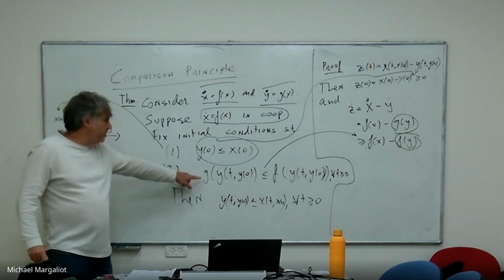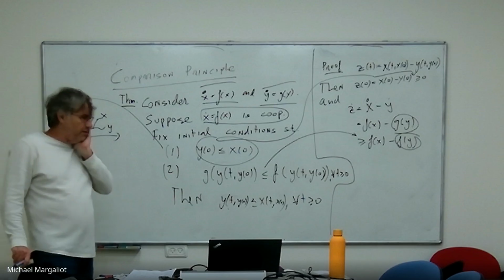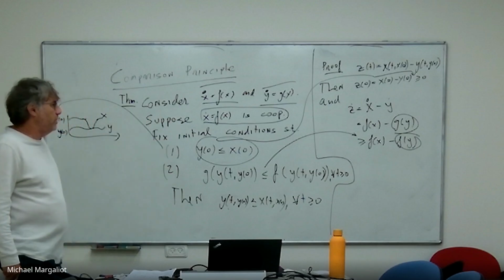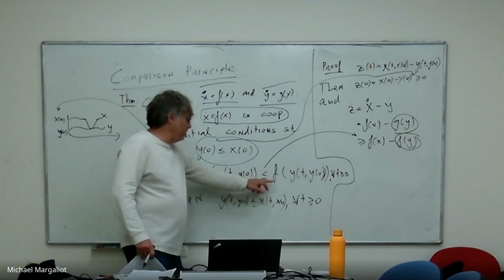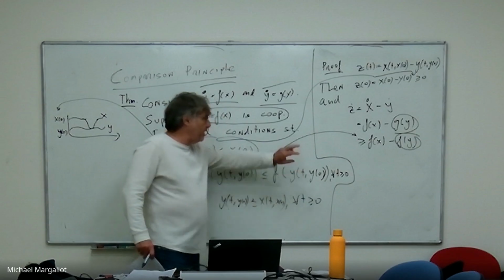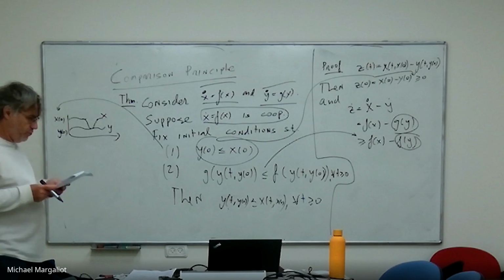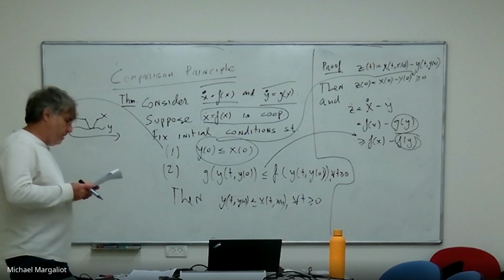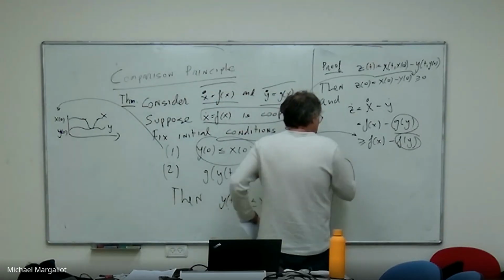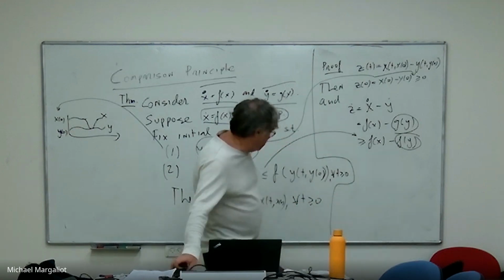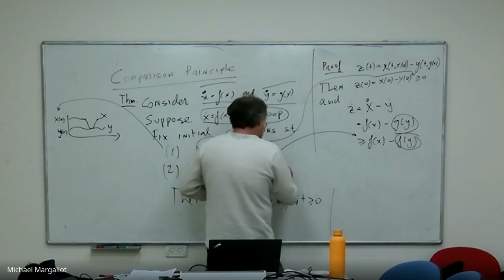And because of this inequality, the G is evaluated along the Y system, and the F is evaluated along the Y system. And because I assumed this condition between G(y) and F(y), and there was a minus, I got this inequality. So this was Z dot. And let me erase this please here. We already used this anyway.